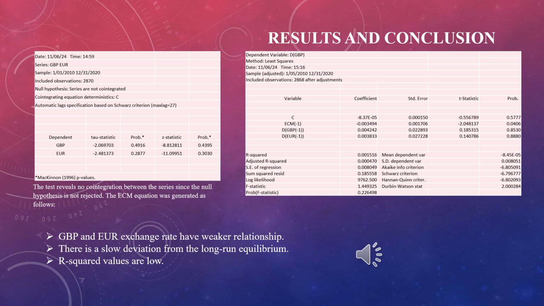The R squared value is very low, meaning that the model does not explain sufficient variation in the response variable. However, the significance of the ECM(-1) term shows that there is a long-run relationship between the exchange rates, but this relationship is slow to correct itself when any kind of divergence occurs in the market.